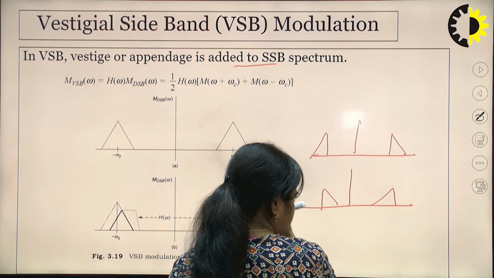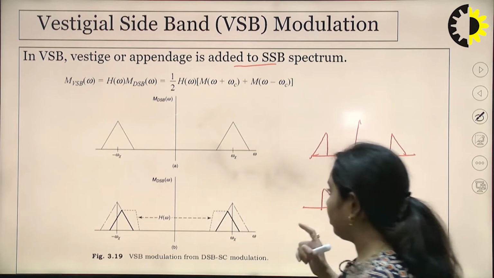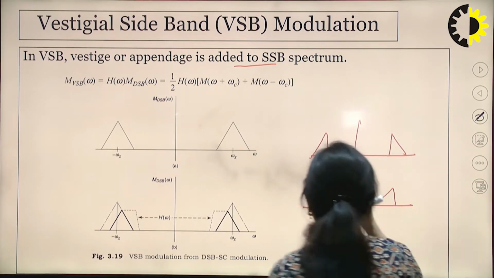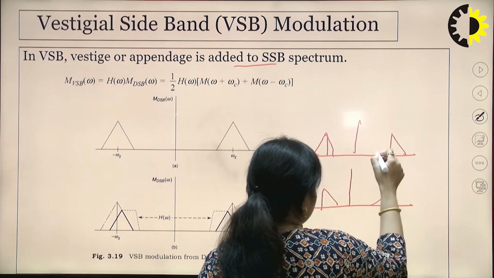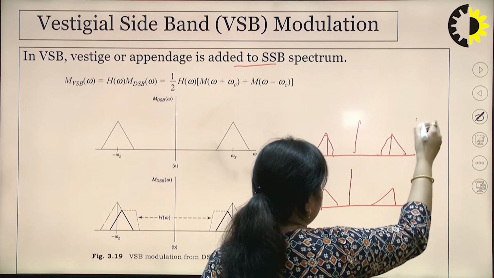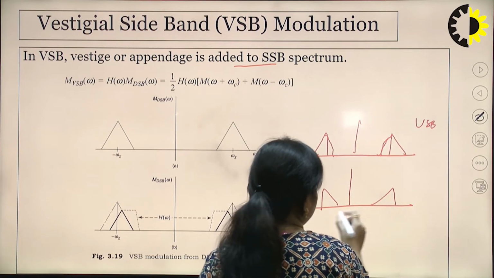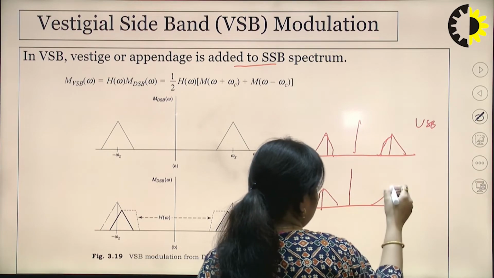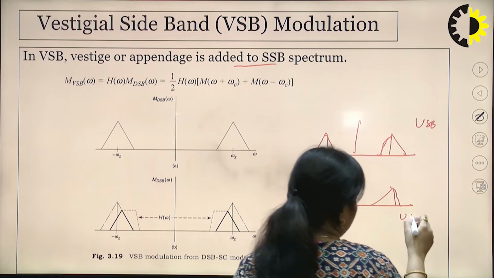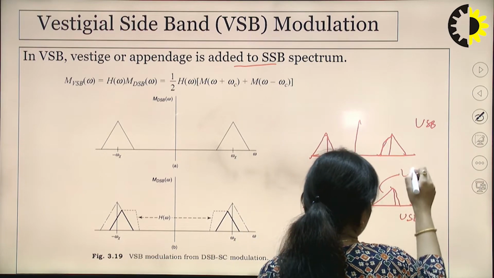So when we are transmitting one sideband, another part of the band, like in case of this, there is USB and this small part will be added. In case of this one, a very small part of USB is added and the whole LSB will be transmitted.